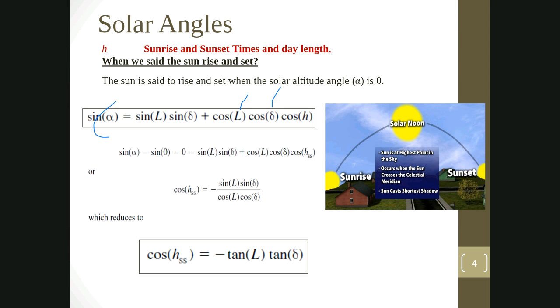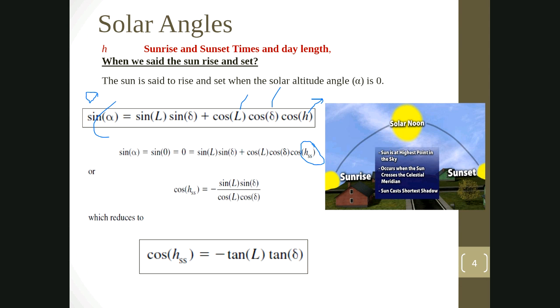So rearranging this equation, we put this one equal to 0, and we find that H here represents the sunset: 0 = sin L sin delta + cos L cos delta cos H_SS. H_SS here refers to the sunset time.